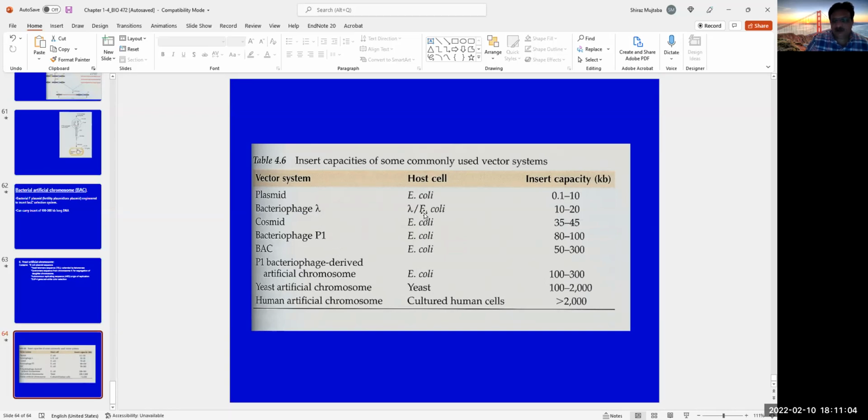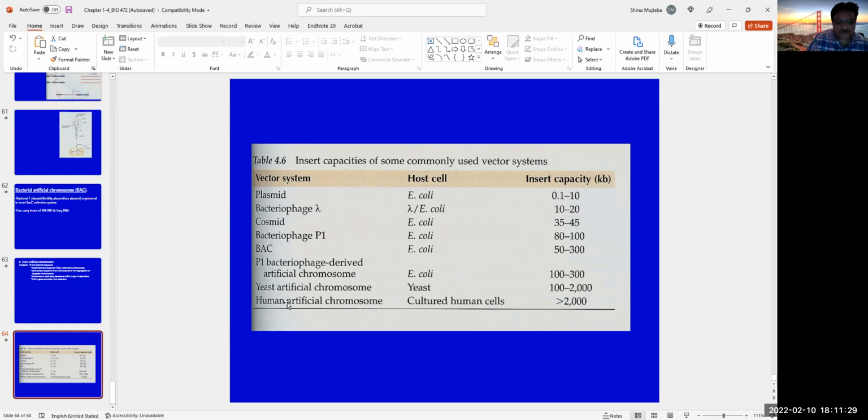Bacteriophage that infects E. coli can carry 10 kb to 20 kb. 1 kb is equal to 1000, so 10 kb is 10,000, 20 kb is 20,000. So bacteriophage is a better vector than plasmid. Cosmid is the hybrid of bacteriophage and plasmid, so they can carry 35,000 to 40,000.